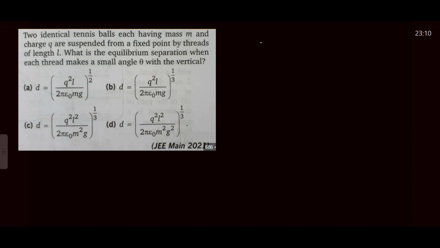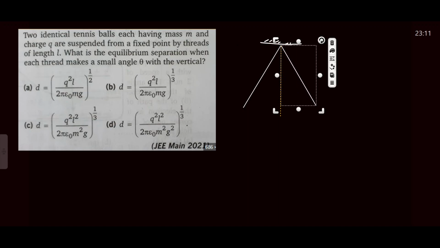This is the diagram. We can draw it like this, and here these are two pith balls we are hanging in this manner.